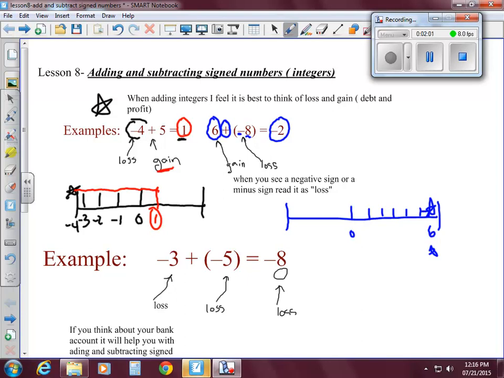Okay, so 1, 2, 3, 4, 5, 6, 7, 8. That's going to bring me way down here at -2 on the number line. So you can visualize how you arrive at -2, or if you're really comfortable with money, if you have $6 in your account and you write a check for 8, and you lose 8, you're going to be -2, 2 in the hole.